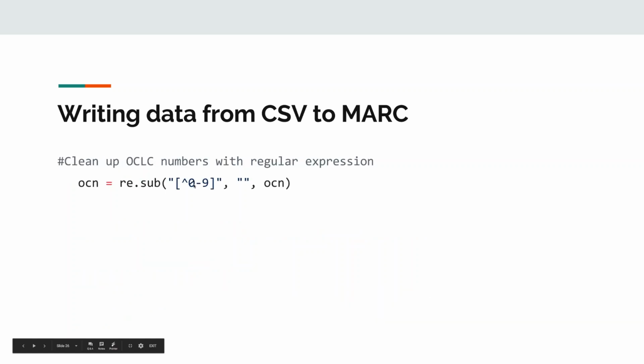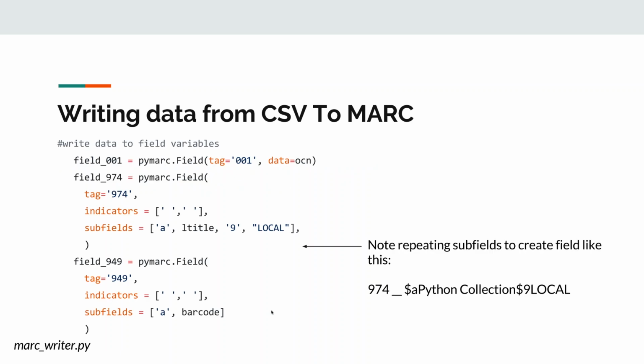Here's our friendly regular expression that's going to clean up our OCLC numbers and only leave the numbers. And again, OCN is just my variable that I'm using to store them. Now this might look a little scary, but all we're doing is creating PyMarc fields. We're storing these as variables that I've defined.